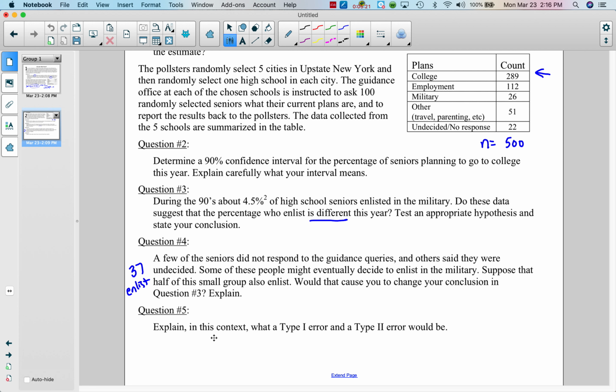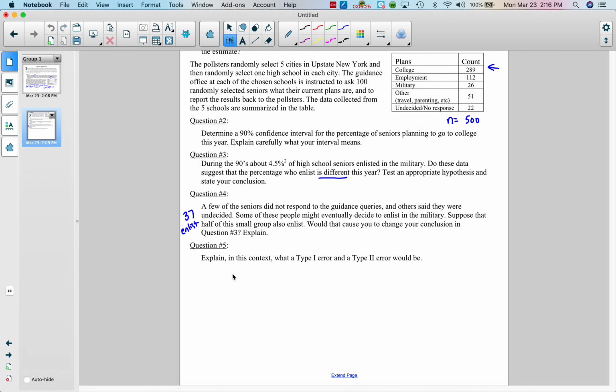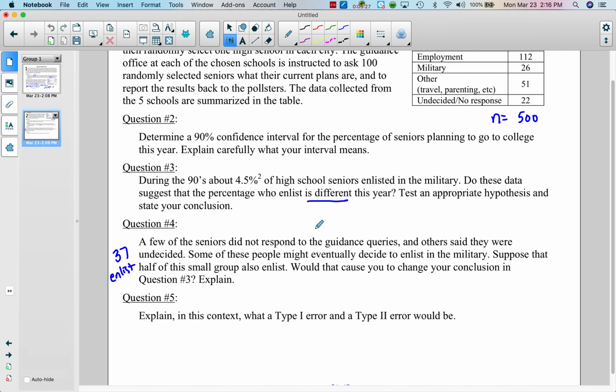Question 5: explain in this context what a type 1 error and what a type 2 error would be. Remember, a type 1 error is when the null hypothesis is true, but we say that it's not.